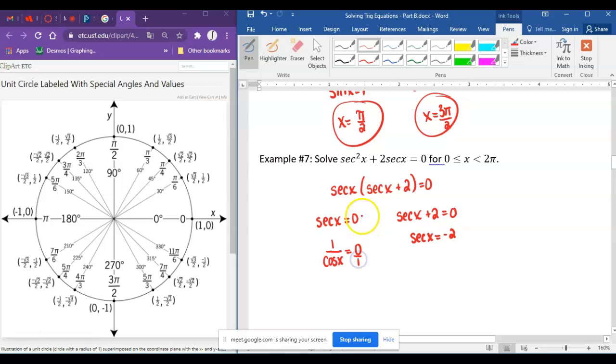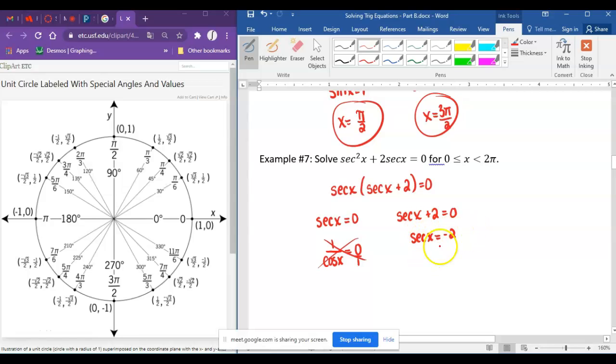So, if we want to think of it like this, secant's 1 over cosine. We need it to give us a 0. Well, that's impossible to happen because our numerator is 1 and our cosine has to be a value. Even if it was 0, we'd get undefined over here. So you're not actually going to get an answer for that part of the equation.